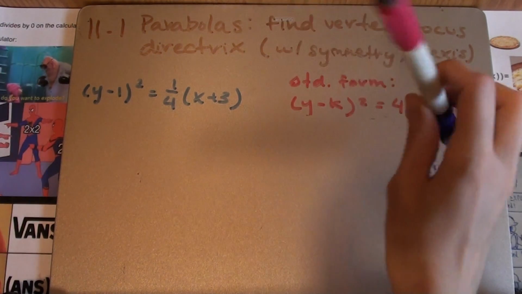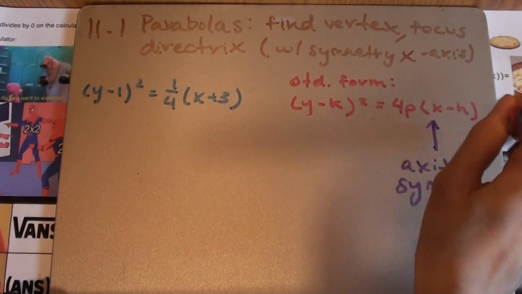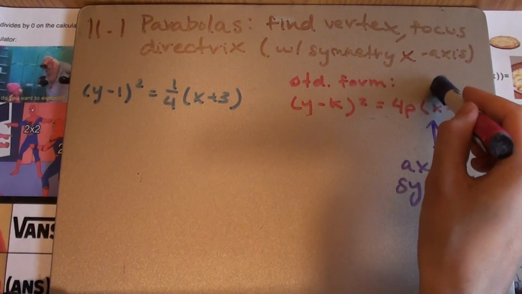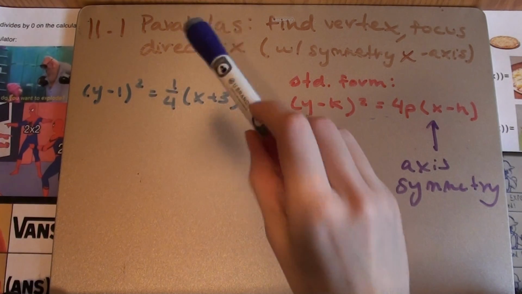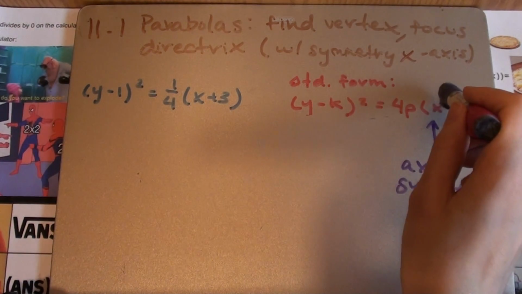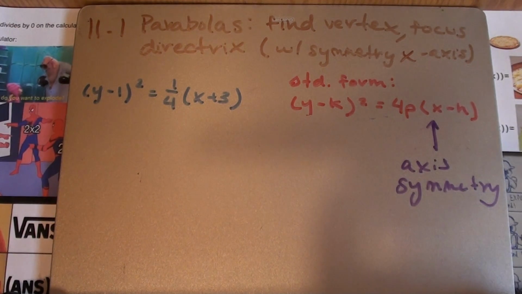Like I said, our standard form tells us which equation we're working with and which axis of symmetry we're working with. We've got our equation in standard form and we've determined our axis of symmetry, so we know that's going to be the x-axis, in comparison with the other equation, where the y-axis is our axis of symmetry. So we've identified that. Now we can start working on finding our vertex, focus, and directrix.